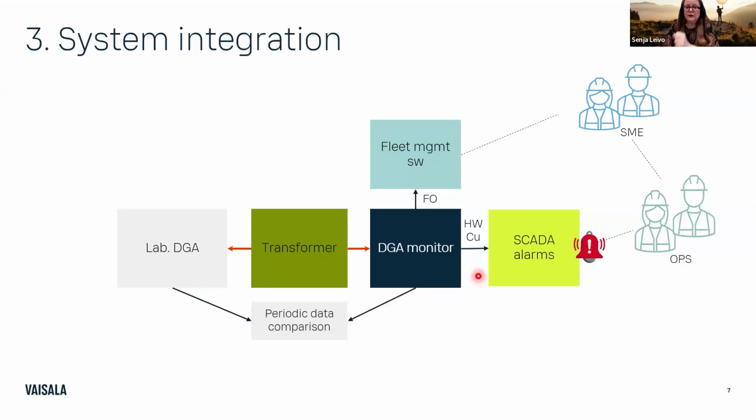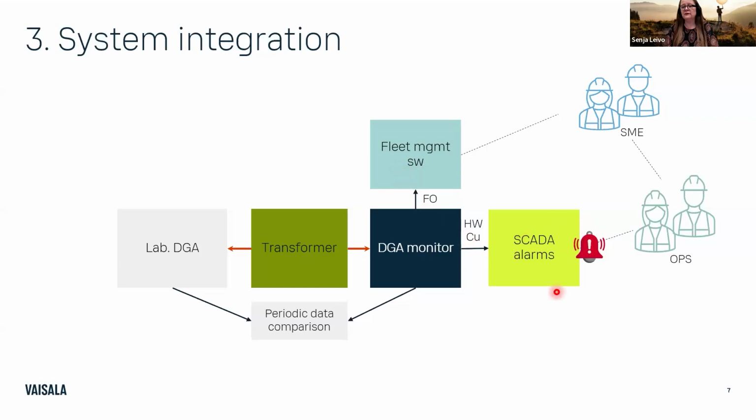But looking now at the online monitoring part, here is how they have done it. Here is a digital communication through fiber optics. They have a separate fleet management system. This is not always available, but the more advanced utilities, those more used to online monitoring, tend to have a separate fleet management system because they get so much data.